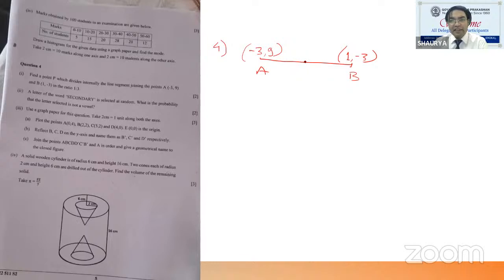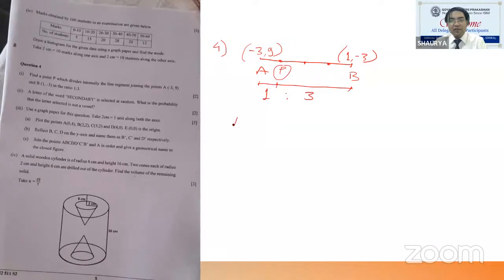So the idea is, if this were a midpoint, I have now divided this line segment into 4 equal parts. So we are looking at this point P, right? Since this is 1 and this is 3 parts, in the ratio 1:3, this point P is dividing. We need to calculate its coordinates.